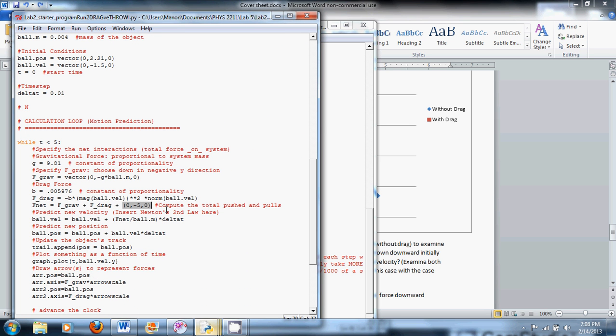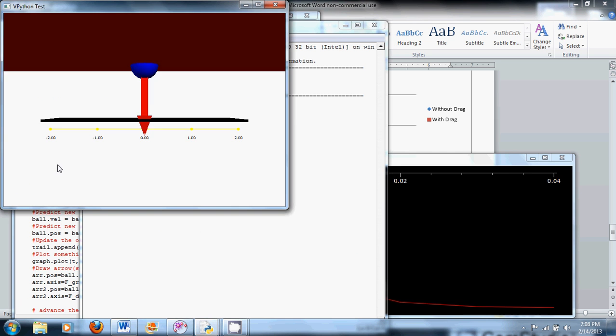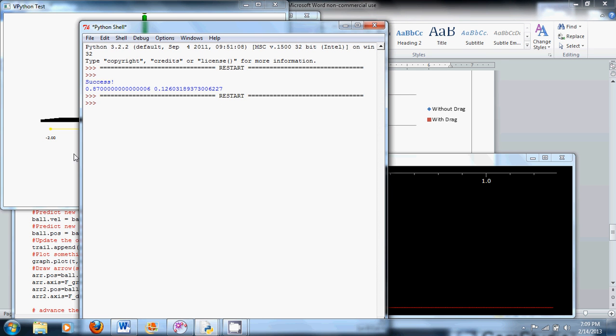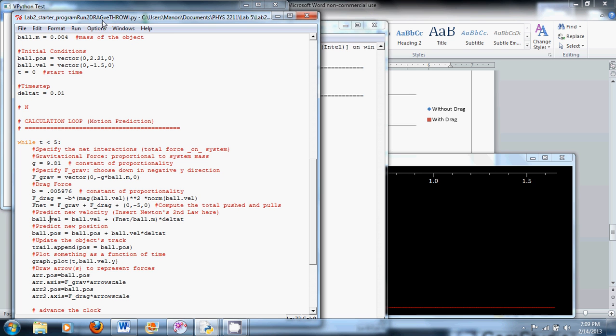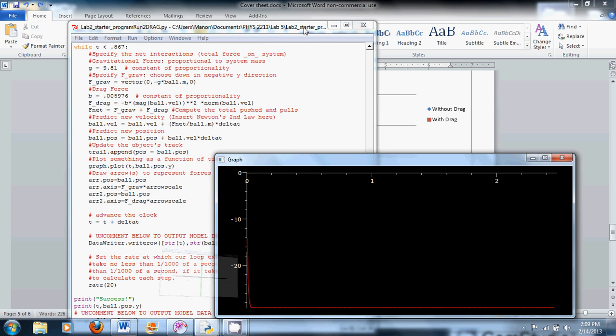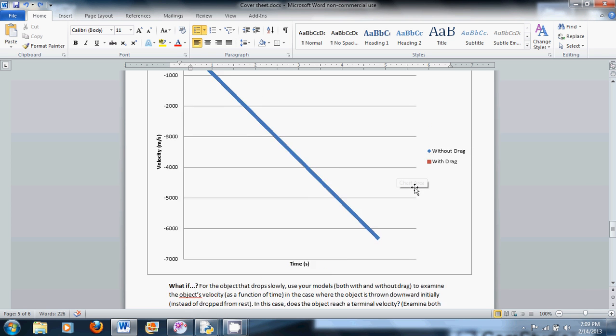I just used -5 because it's a downward force, so it'll be negative, and 5 because it seemed reasonable. And when you run that, it goes a lot faster downward. So many windows.